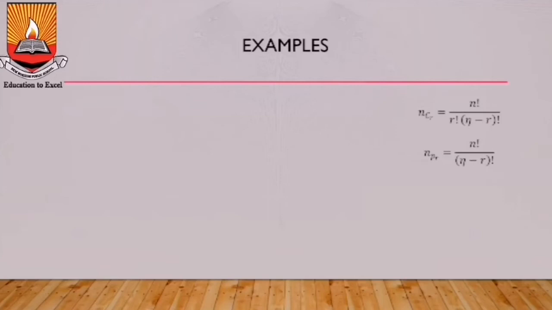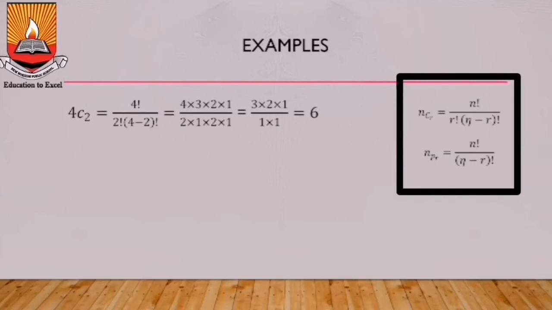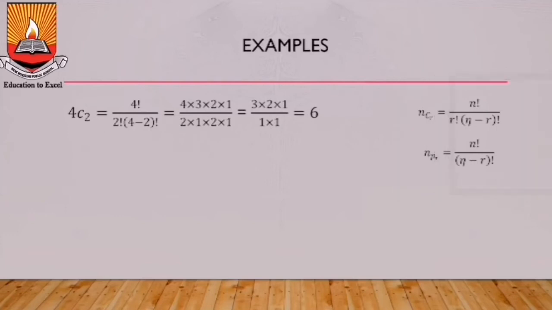So let's go further and see a few examples. I have just written down the formulas on the right so that it becomes easier for you. So let's see 4C2 from the previous example. We had 4 letters and we needed to choose 2 of them. So 4C2. Here the n is 4. The superscript is always n and the subscript is always r. So the superscript here is 4 and the n is 4, and the r over here is 2.